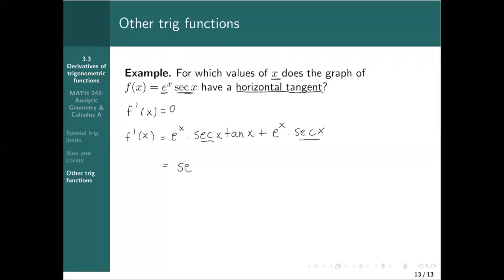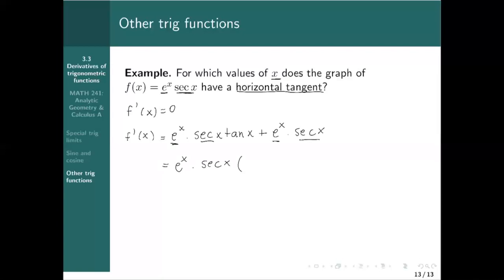So I'm going to factor. And I'm left with e to the x. Well, we also have e to the x in the first term and in the second term. So actually, I'm going to factor e to the x times secant of x.